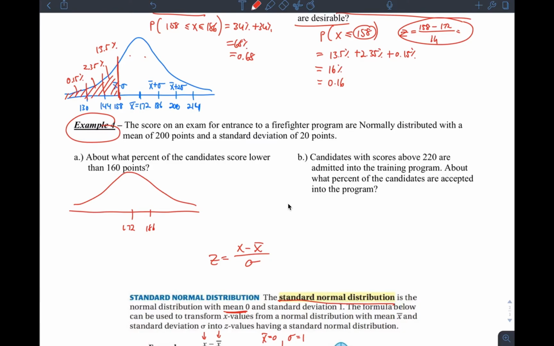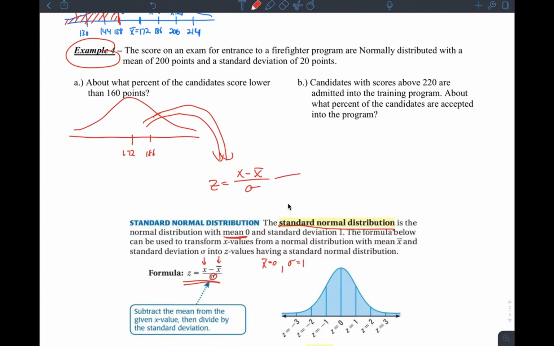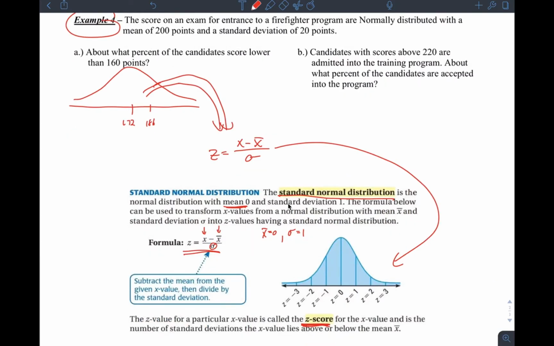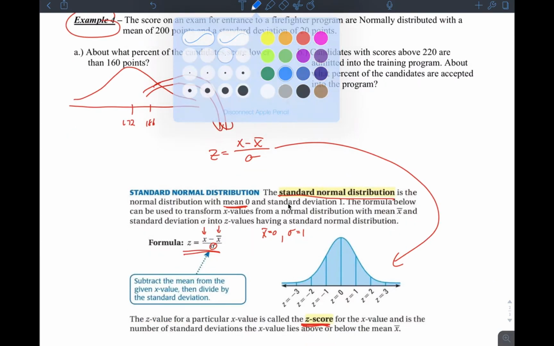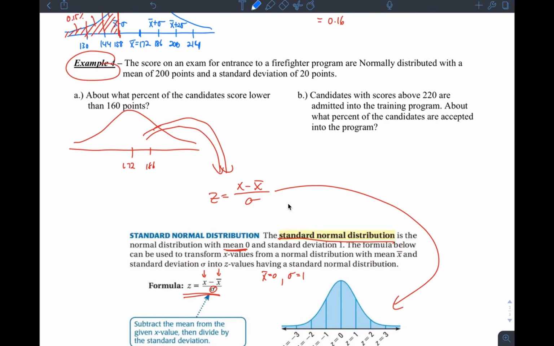If I take all the x values from this distribution and run them through this formula, what pops out is this distribution. And you go, okay, why would I want to do that? That seems great, but why do I need to do that? The answer is, I can also take another distribution with, let's say, mean 200 and standard deviation 20.